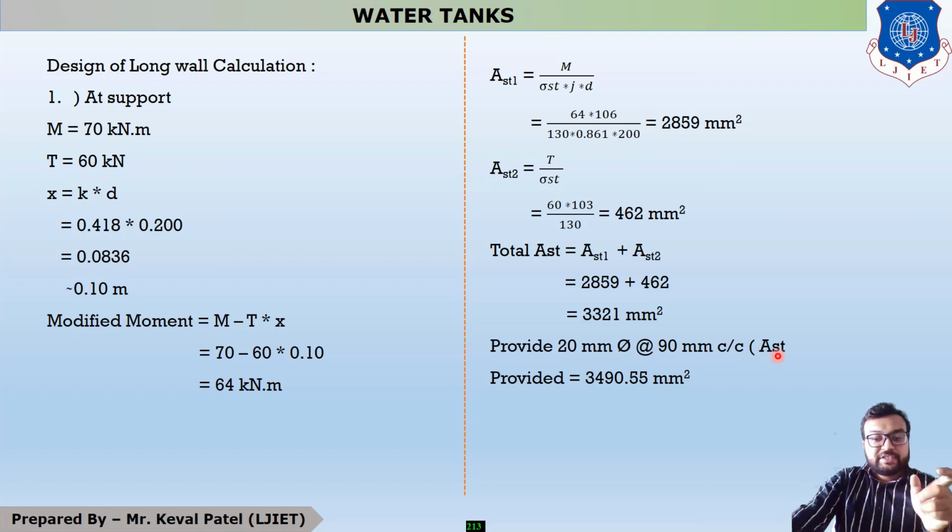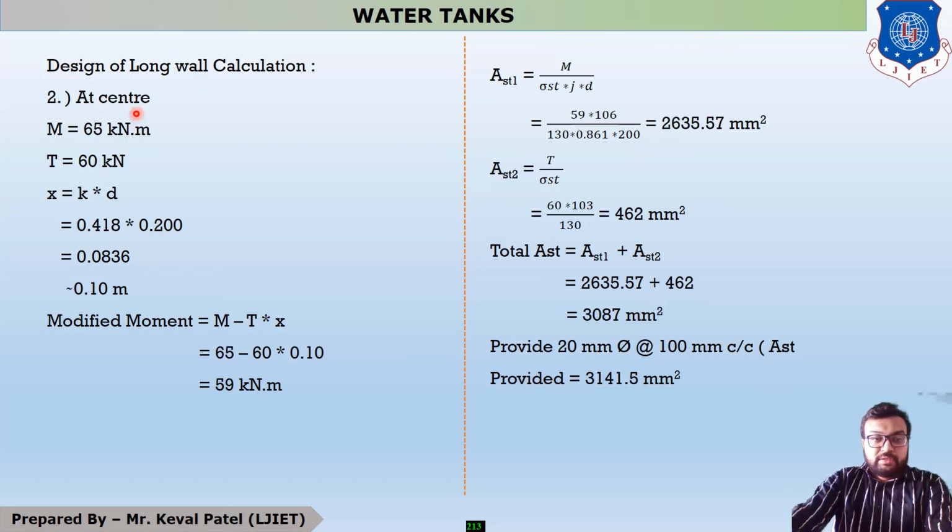Ast provided is equal to 3490.55 mm square. Okay, so students, this calculation is done 4 times. This is long wall at center. So what is the change? The change is in the value of moment, because in the long wall the value of T remains the same and all the calculation remains the same.